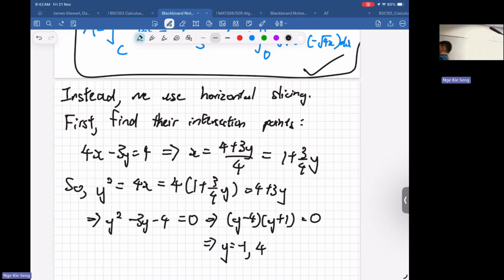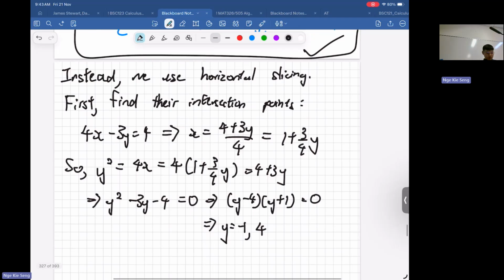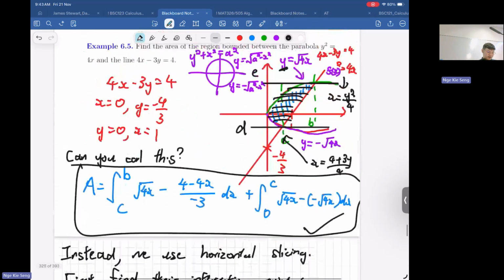You can see that I purposely find x first, such that in the end I just need to find y. If you do it the other way around, you let y equal to something and substitute it back, then you will find something in x, and then you need to find y again. So we make our life easier: compute x first, and then we find y, because what we really need is just y, not x.